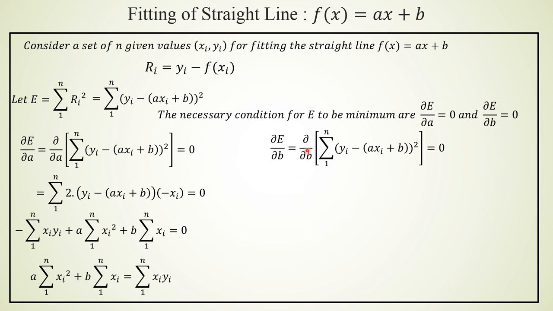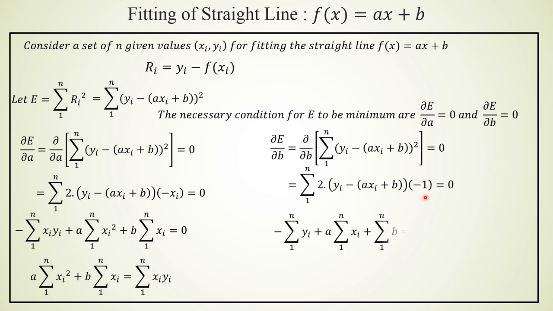That implies ∂/∂b of summation of (yi minus (axi plus b)) whole square is equal to 0, which is nothing but summation of 2 into (yi minus (axi plus b)) into the partial derivative of the term inside the bracket with respect to b, that is minus 1.